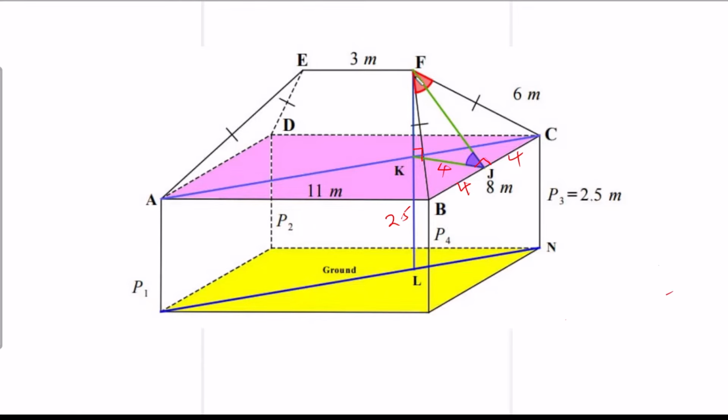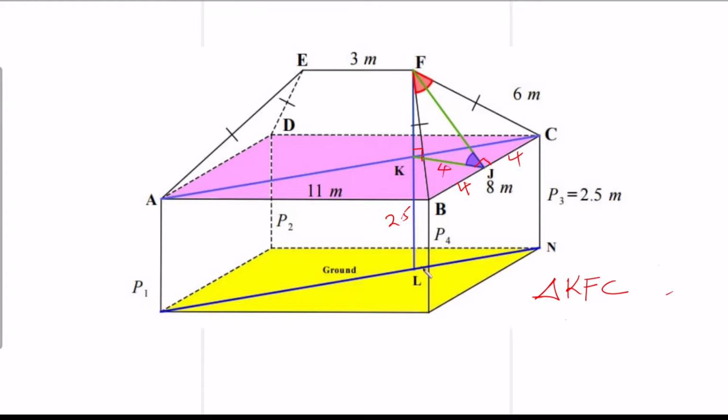So for us to get KF, I will use triangle KFC. Look at this triangle KFC. It is a right angle at K. KF is the height, and FC is the hypotenuse.